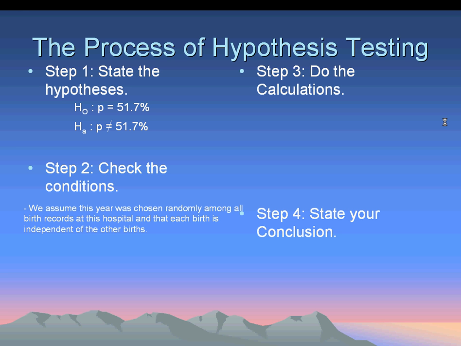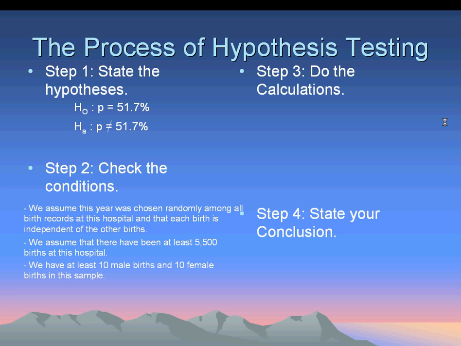We assume that this year was chosen randomly among all the different years where births occurred at this hospital, and that each birth is independent from the other births. We assume that there have been at least 5,500 births at this hospital, meaning 10 times our sample size. And we have at least 10 male and 10 female births in this sample, so we've met that last condition as well. Now we're ready to do the calculations.